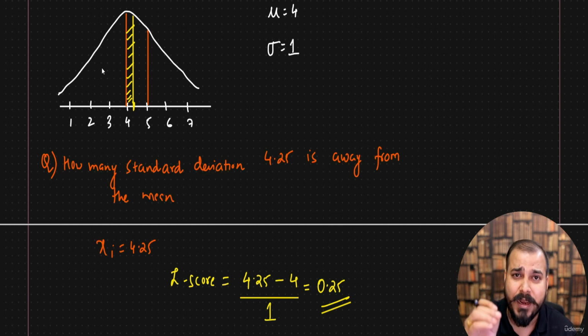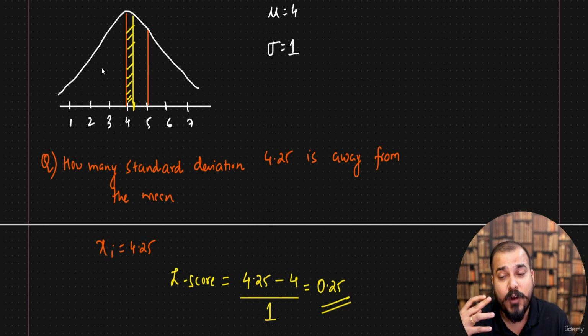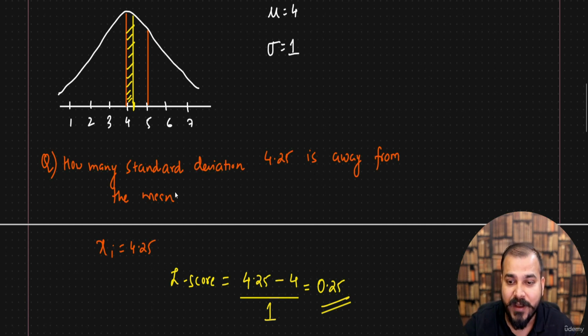Don't worry, I will explain that as we go ahead, when I give you interview kind of questions and explain how this area comes. It will be super important for a data analyst doing exploratory data analysis to understand the specific data. But the question I specifically asked here is how many standard deviations 4.25 is away from the mean, right? So this is a very good question.